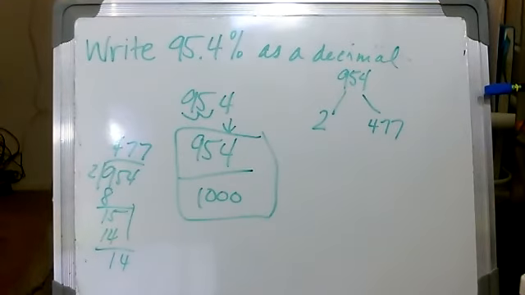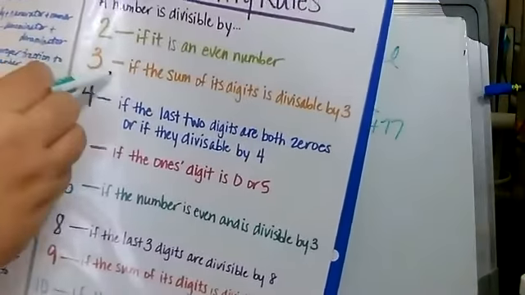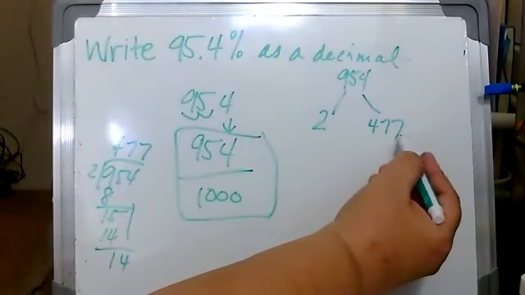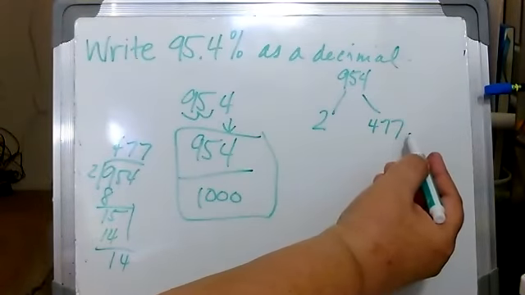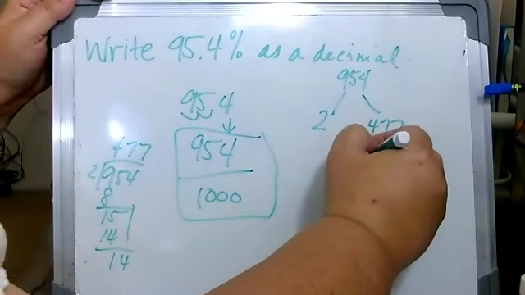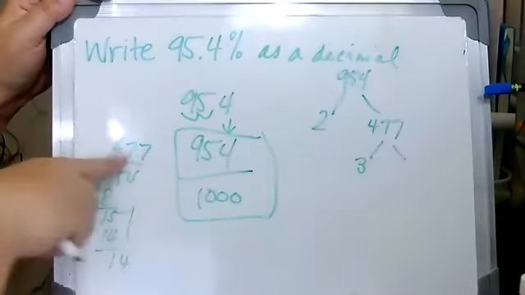But we're going to see if it can be divided by 3. And we know it'll be divisible by 3 if the sum of its digits is divisible by 3. So its digits are 477. 4 plus 7 is 11. Plus 7 more is 18. So we know that this is divisible by 3.